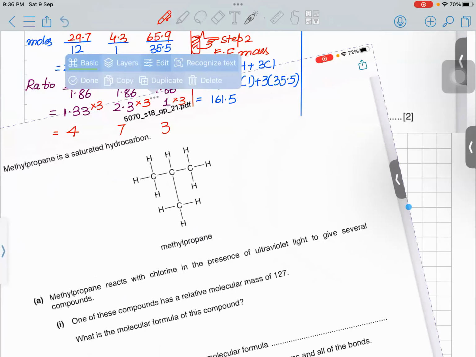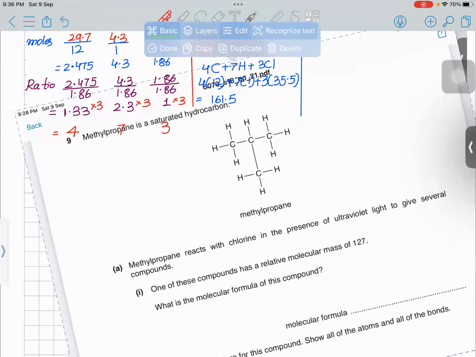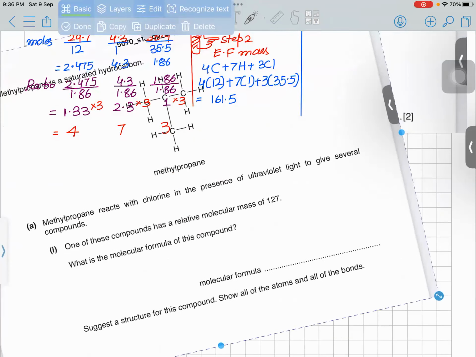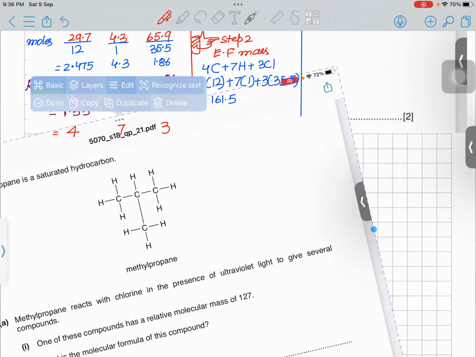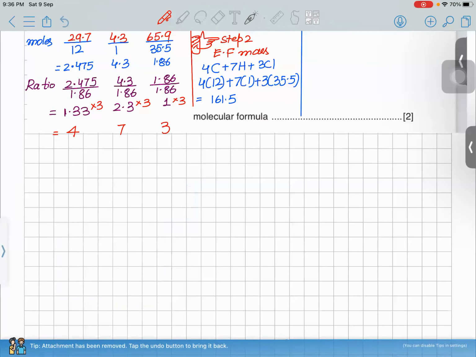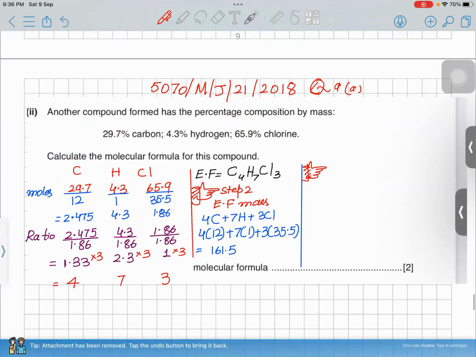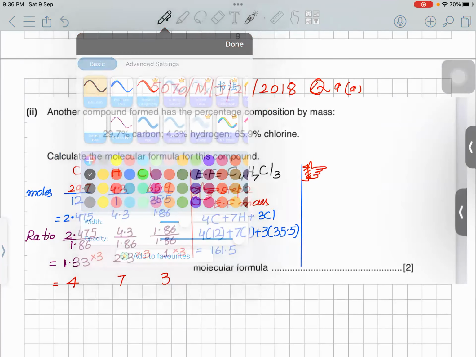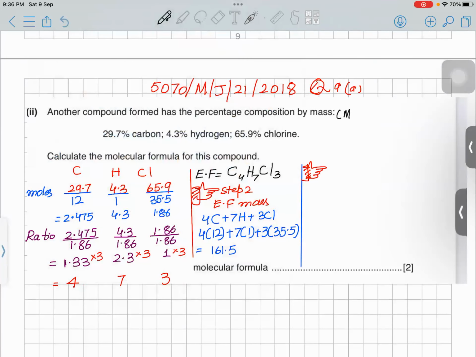Yes, the molecular mass is given, which is 127. MR is 127.